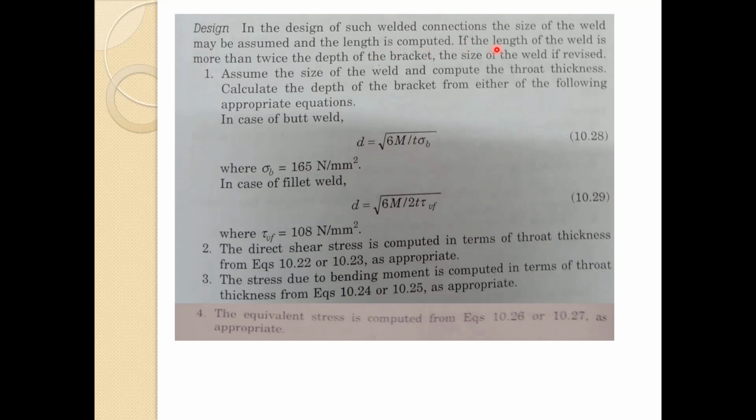If the length is more than twice the depth of the bracket, the size of the weld may be revised, because we cannot give that much depth, or we have to increase the depth of the bracket, so we need to revise the size of the weld.